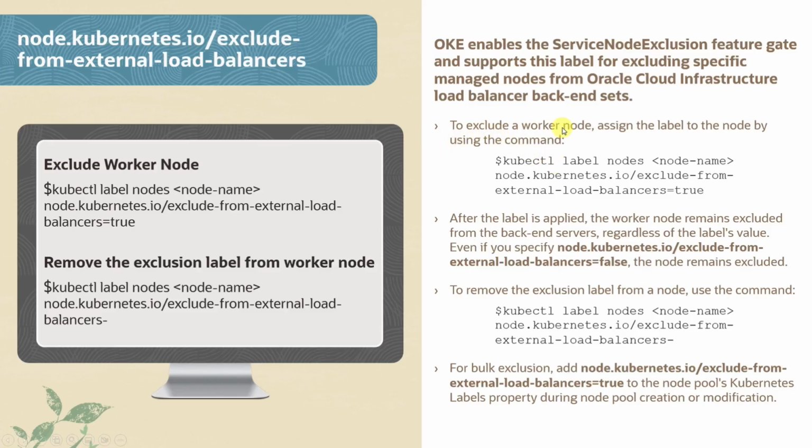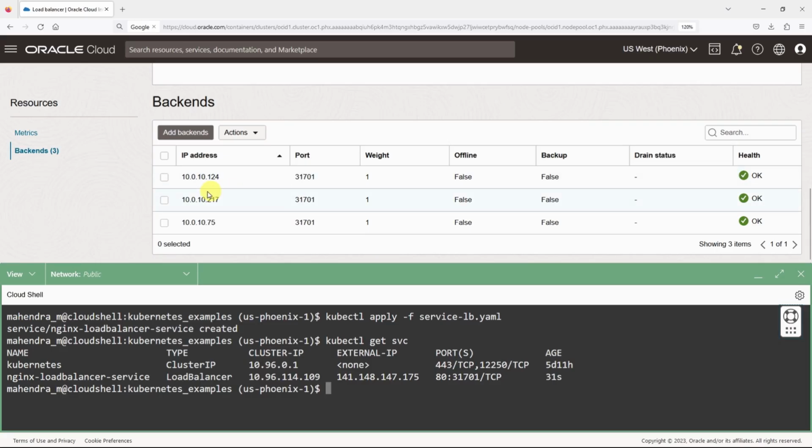Now it's time to exclude a worker node from the backend set, for which we'll be running the command kubectl label nodes, the node name, and specify the label, that is node.kubernetes.io/exclude-from-external-load-balancers, and set its value to true. Now let me go ahead and remove the first worker node entry, that is 10.0.10.124, from the backend set.